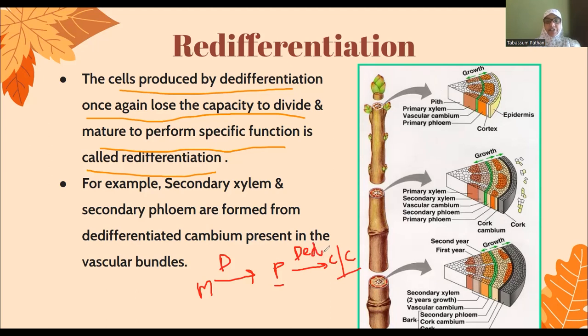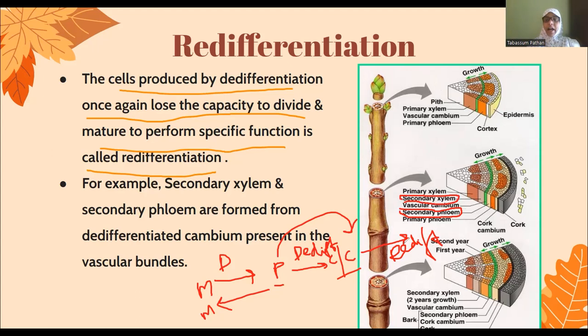So de-differentiation. Sometimes they might reverse back to form meristematic cells also, but here we are taking the example of parenchyma cells getting de-differentiated into interfascicular cambium and cork cambium. Now this cambium can further redifferentiate. They came from already differentiated cells, and now they regain the capability and can redifferentiate to form something else.